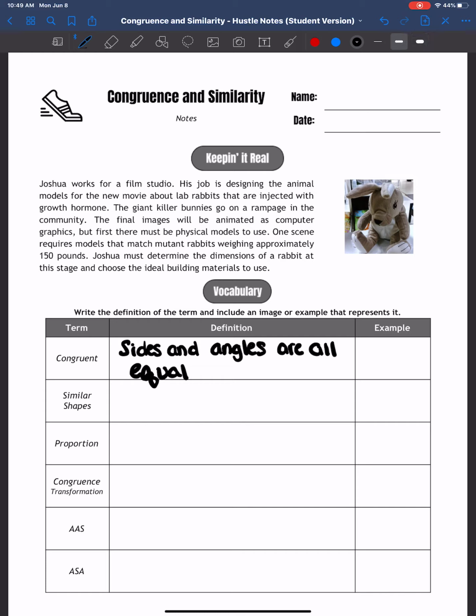Similar shapes have corresponding angles and sides that are not the same size, but they are in proportion with one another. So sides and angles are proportional.